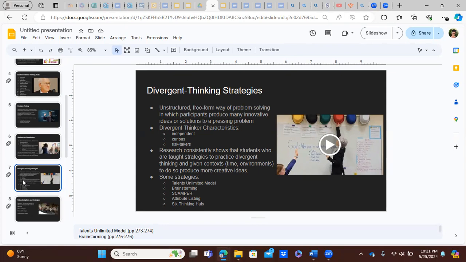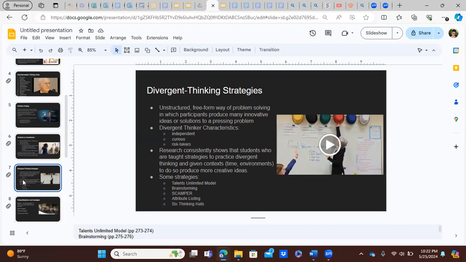They may phrase it a little bit differently, but it is an unstructured, free-form way of problem solving in which participants produce many innovative ideas or solutions to a pressing problem. Divergent thinking sometimes is misunderstood to mean defiant thinking, and that is really not true.